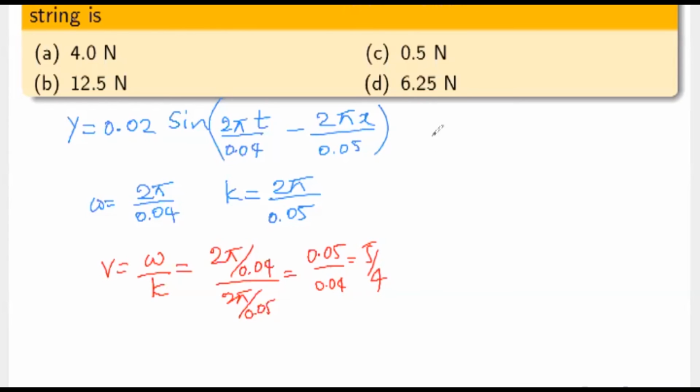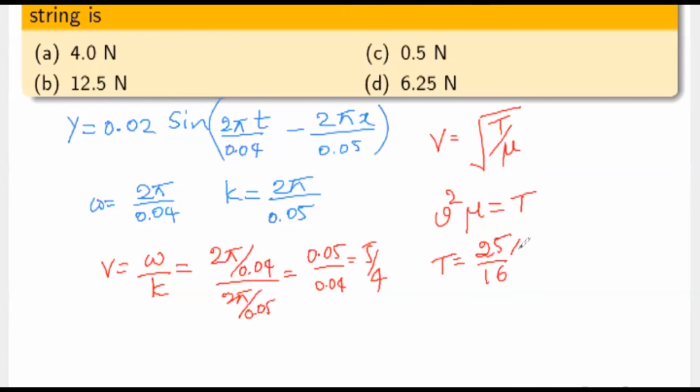Now we know that velocity in a string is equal to root of tension by linear mass density mu, and by squaring this I can write v square times mu equals T. So tension T equals v square, which is 25 by 16, into mu, which is 4 into 10 power minus 2.